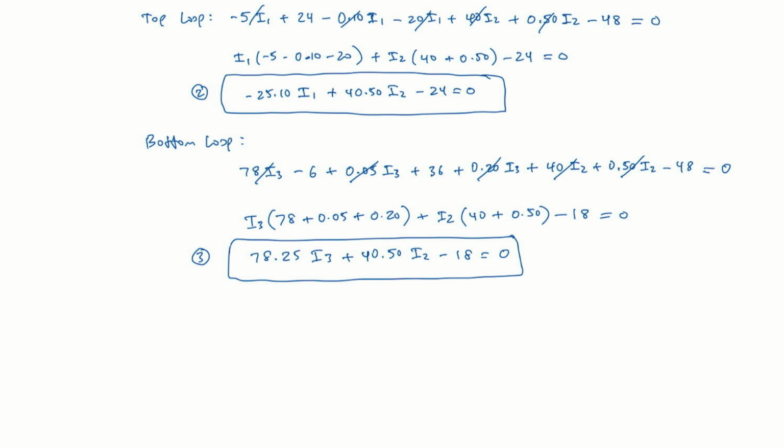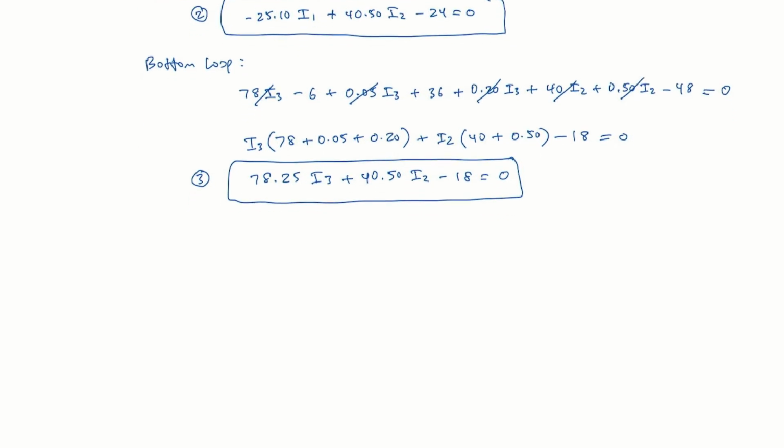So what we can do is solve equation 2 for I1. So we've got minus 25.10 I1, and let's just start solving. So we know that's going to be minus 40.50 I2 plus 24. Okay.